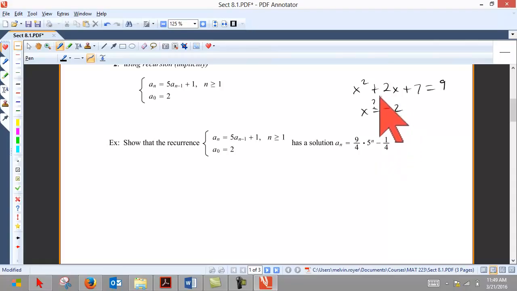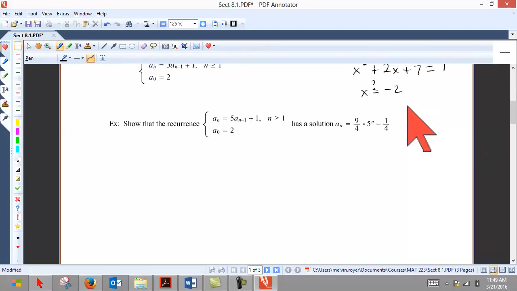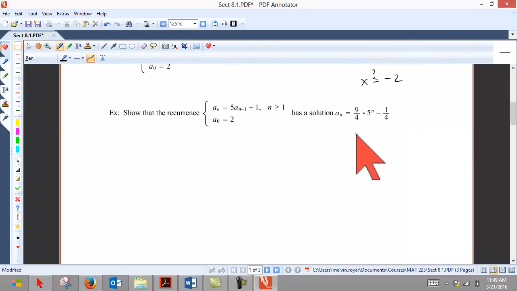Plug in, all right? So you take everywhere you see an x in this equation, you plug in negative 2, and you check if the equality is actually true or not. This one looks like false, right? Yeah. So let's do the same thing. Let's take this expression for a sub n and plug it in everywhere we see an a sub n. We should probably first check a sub 0.